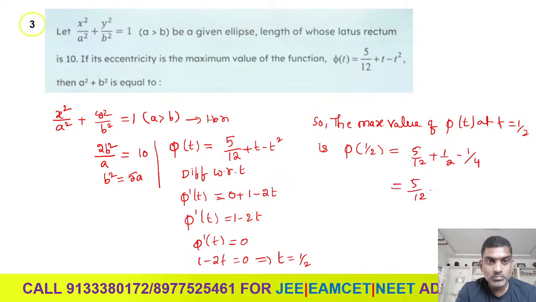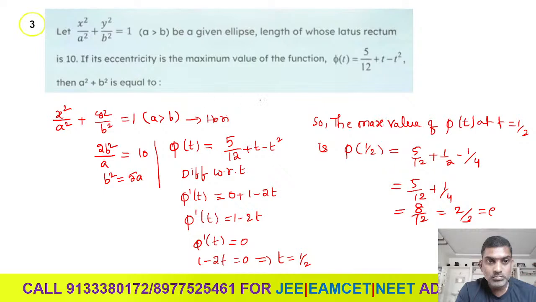That is 5 over 12 plus 1 over 4. 12 is the LCM. 8 over 12, which is nothing but 2 over 3. So this is the eccentricity. Eccentricity is equal to 2 over 3.